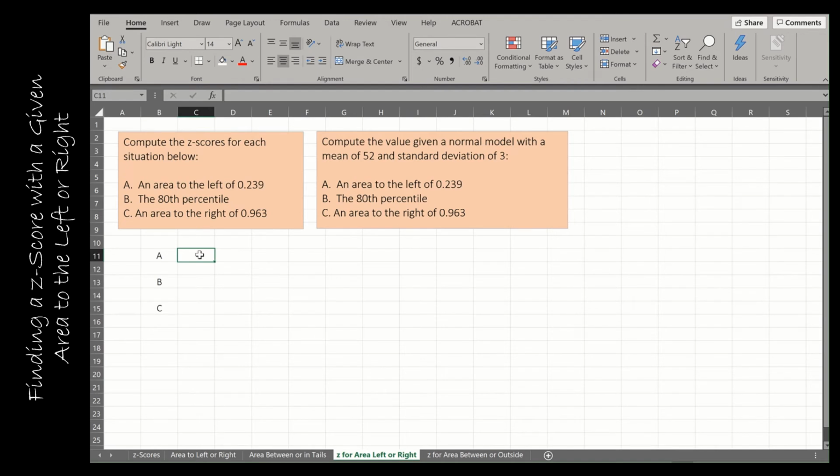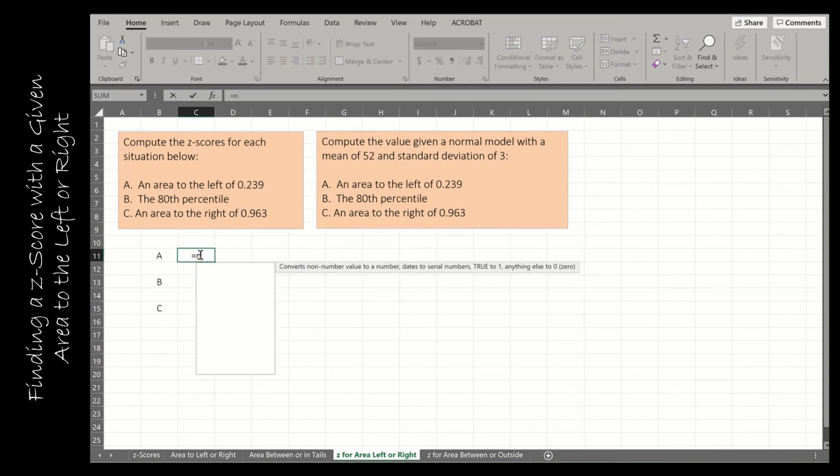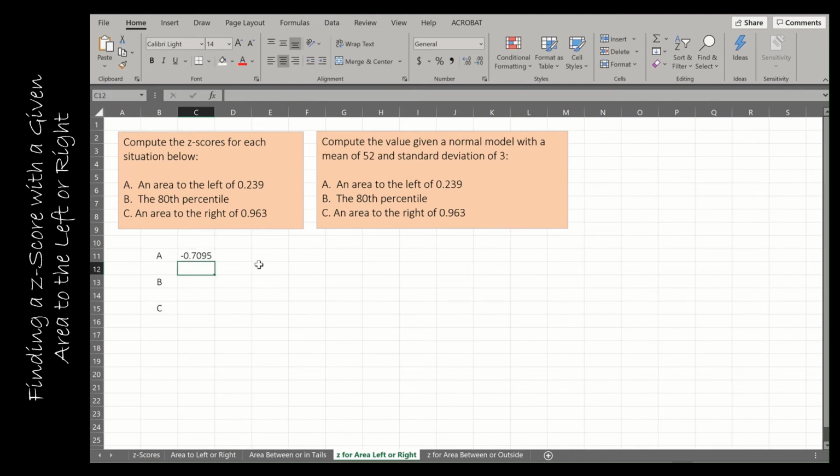So for instance, for A, the area to the left of 0.239, I'm going to put equals norm inverse, INV. And the probability is 0.239, the mean is 0 and the standard deviation is 1.